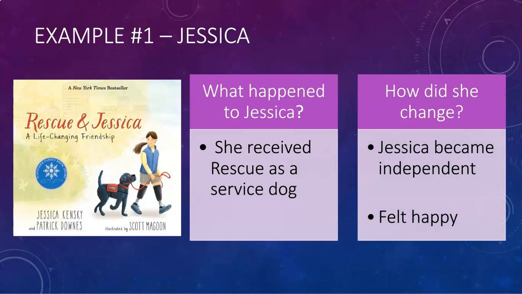If you said that she became much more independent, you are on the right track. And if you said that eventually she began to feel happy, she had a much more positive outlook on life because of Rescue and their relationship and their companionship, then you have, boom, nailed it right on the head.